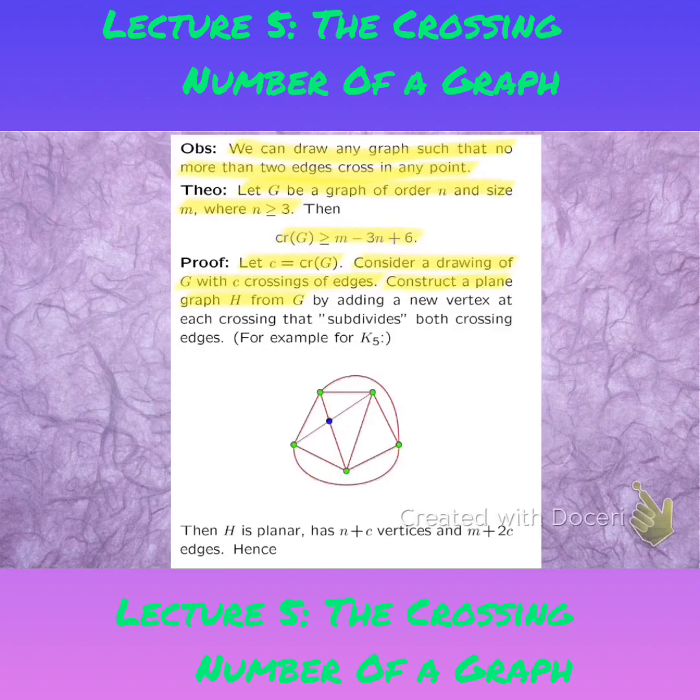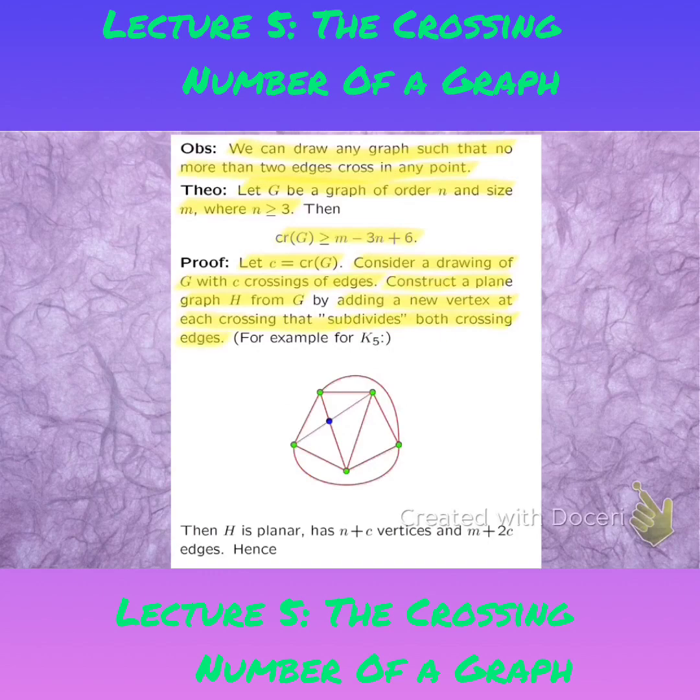As an example here, with K5, we take a vertex and we place it at that particular crossing, and the resulting graph is then definitely going to be a planar graph, right? So by adding the new vertex at each crossing, that essentially subdivides both crossing edges.